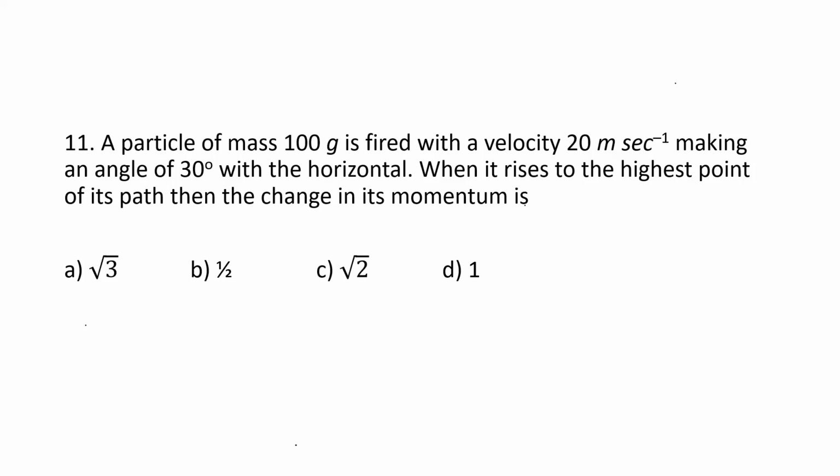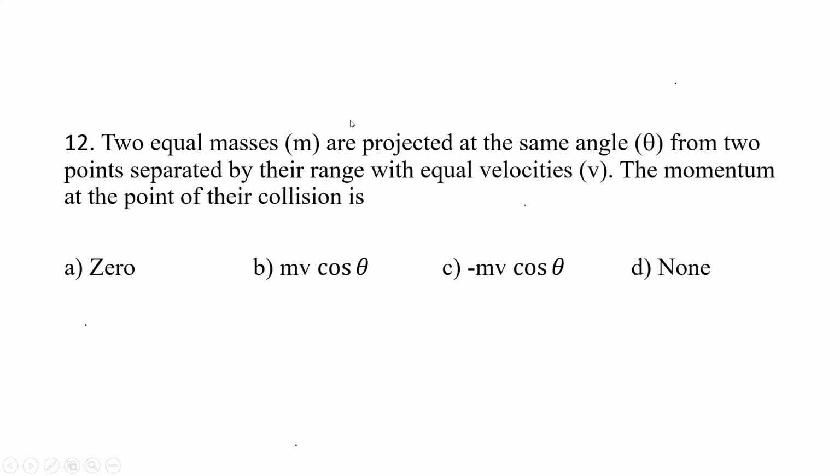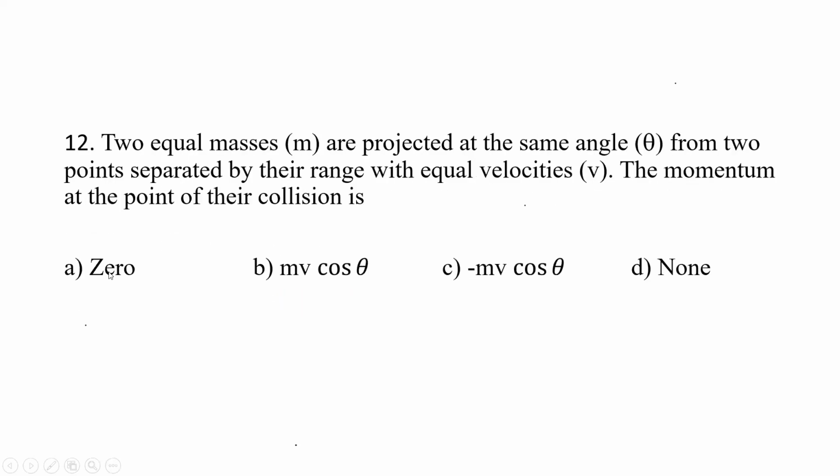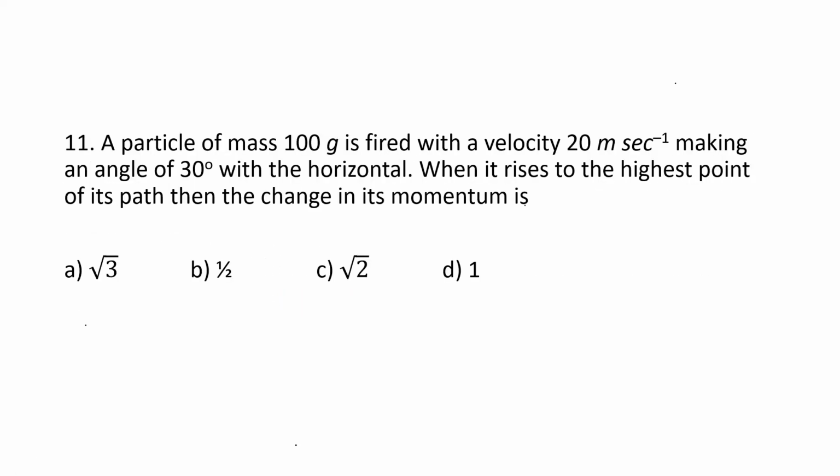So for vertical component, the change in momentum is given by final vertical momentum minus initial vertical momentum.